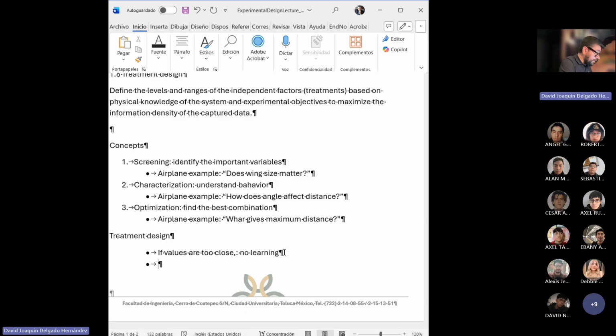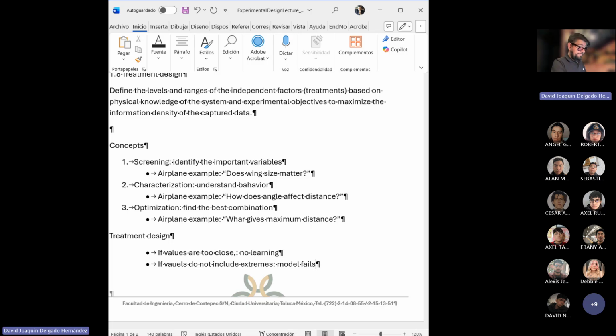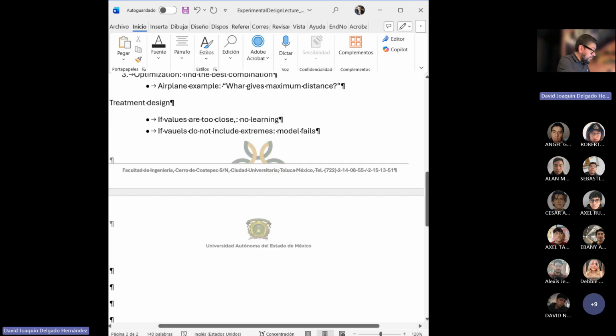Another point, if values do not include extremes, then the model fails. Okay? So let's go to the airplane example.